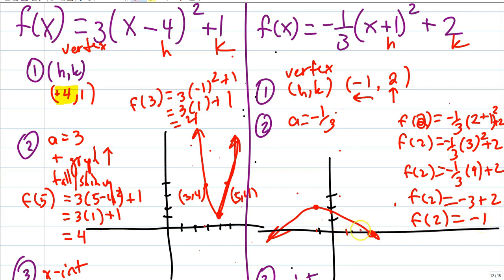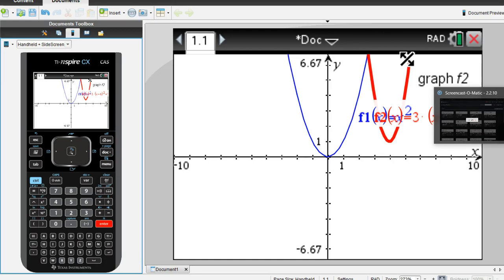So at 2, it's going to go down to negative 1. That doesn't seem right to me. I'll have to double check that. Let me use the technology to do that because that doesn't make sense to me, but let me look at it real quick and then I'll check my algebra.